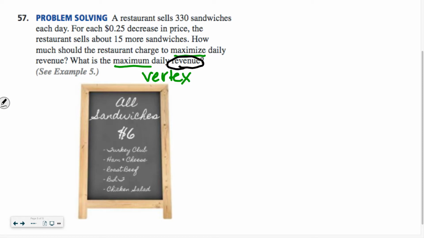So how would you calculate your revenue when you're selling sandwiches? The money that you bring in. See how many sandwiches you sell.